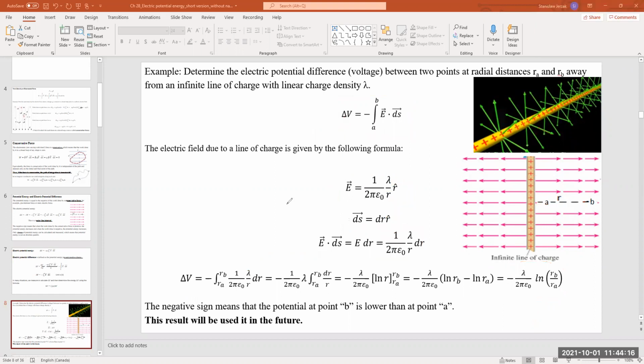Yes, my question is, what happened to the r hat when you multiplied it? Because it just disappeared. Yeah, it disappeared because of the dot product, as you remember.